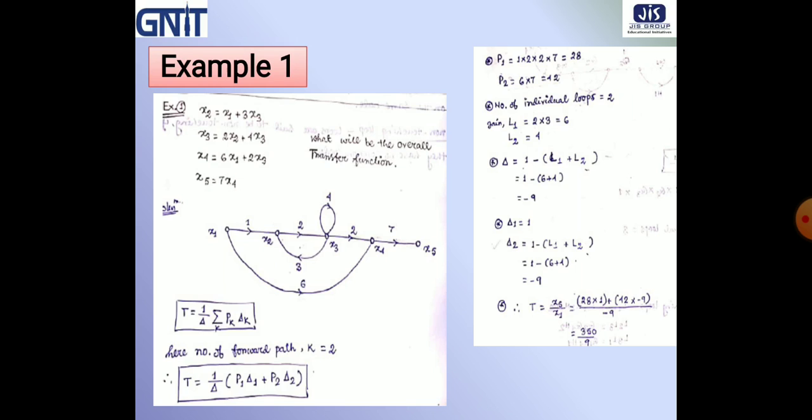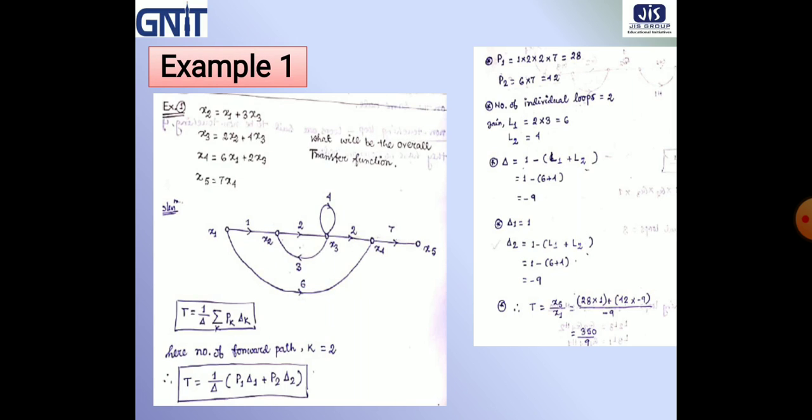So here x1 is the input node and x5 is the output node. Because x1 has only outgoing signal, that's why it is called input node, and x5 has only incoming signal, that's why it is called output node.